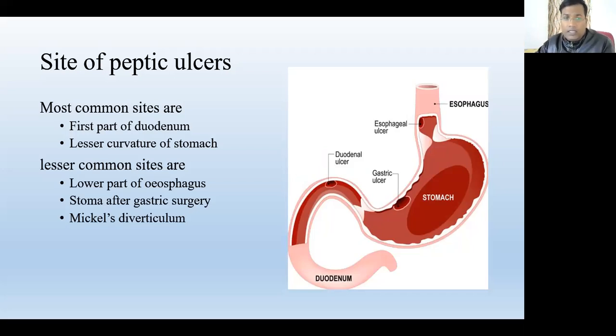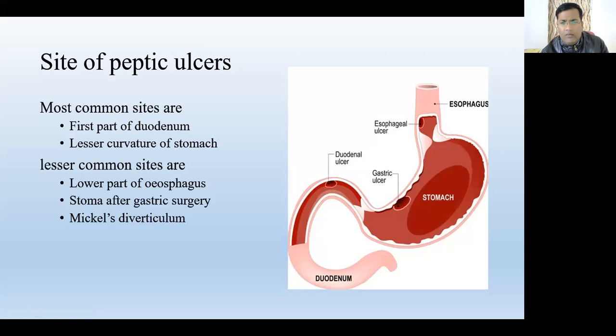You can see this lesser curvature. In the duodenum, the most common site is the first part of the duodenum, though ulcers can be present in other areas also.